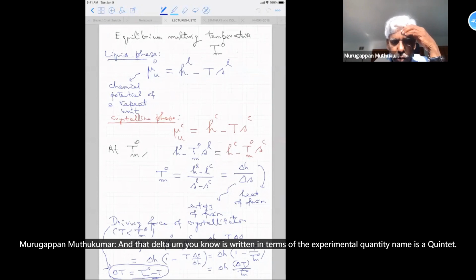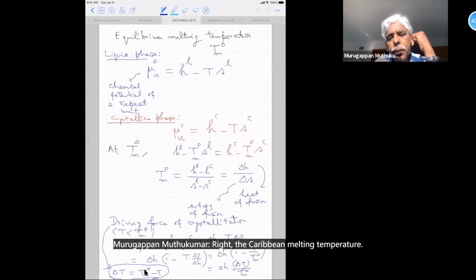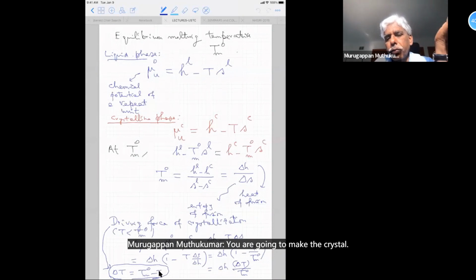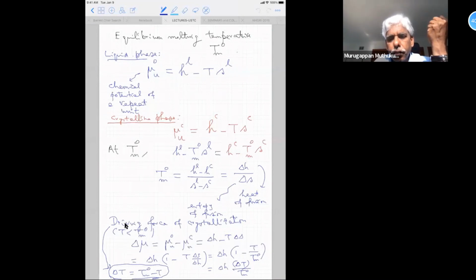And that delta mu is written in terms of the experimental quantity, namely the quench depth, right? The equilibrium melting temperature minus the temperature at which you are going to make the crystal. So if you know delta H and if you know Tm0, then we know the driving force.